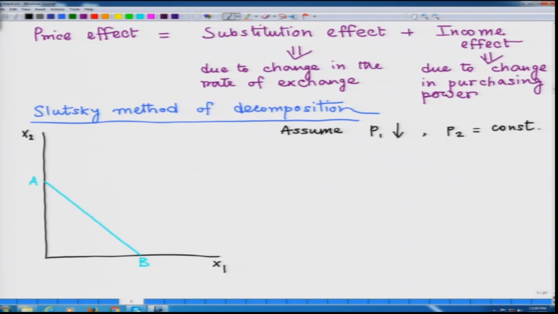If this happens, we know from our previous comparative static analysis that the budget line will become flatter, because P1 over P2 has now gone down. So, let us say AB prime is the new budget line.